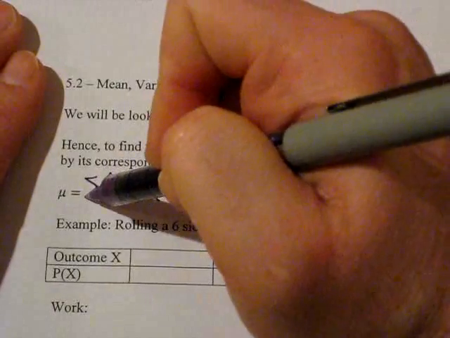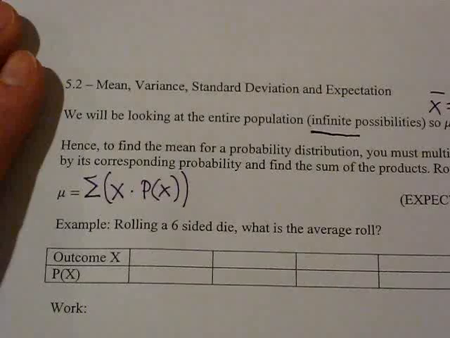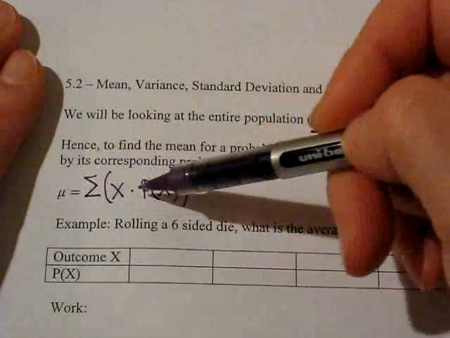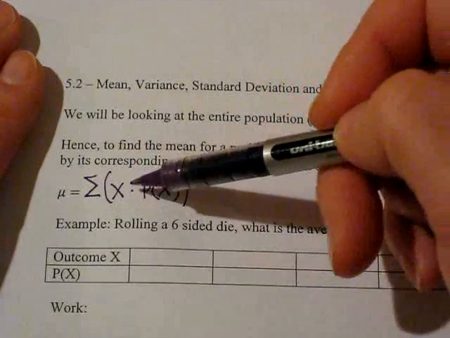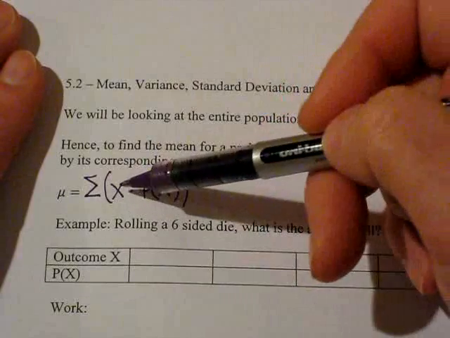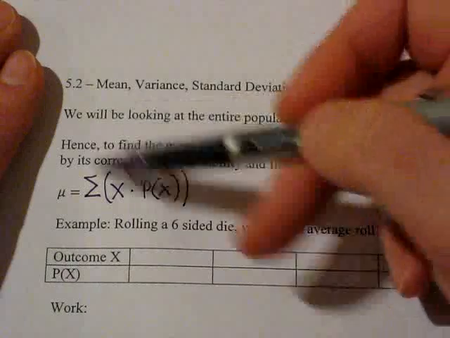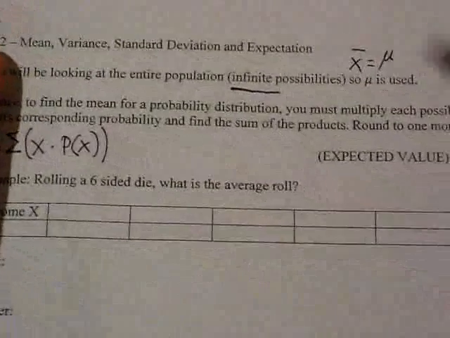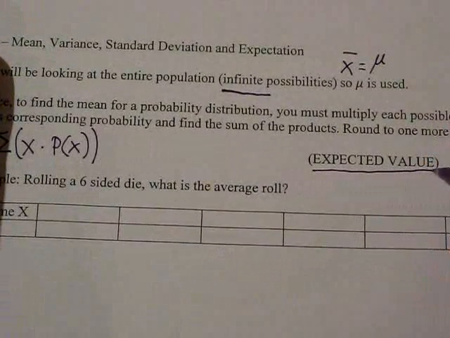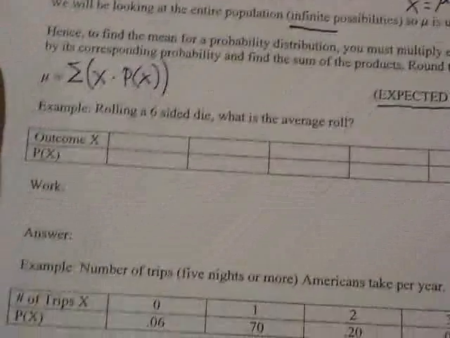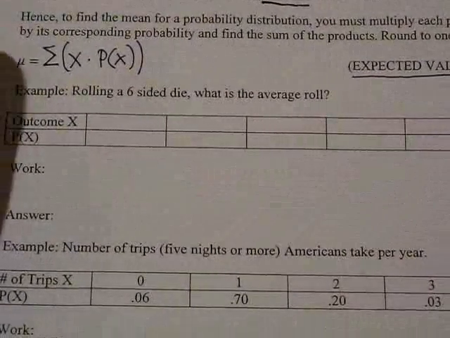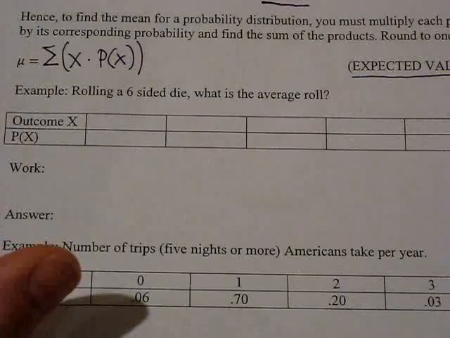And I will use the sigma to show that I'm adding up all of these multiplied products. So I'm going to take my outcome, multiply by its probability, and add all those up. This is also going to give us our expected value, and we're going to talk about that near the end of this video. So let's start off with something pretty straightforward.